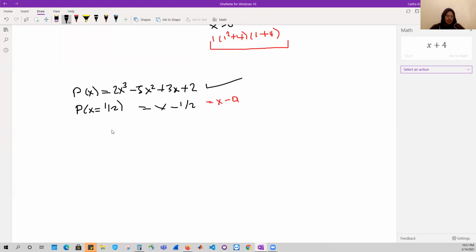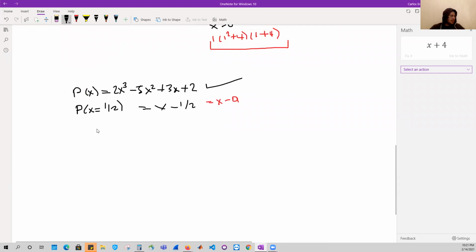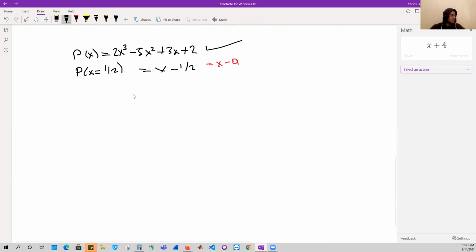I'm just going directly into it. I'm going to put a 1/2 in here as a divisor, so that it's understandable.